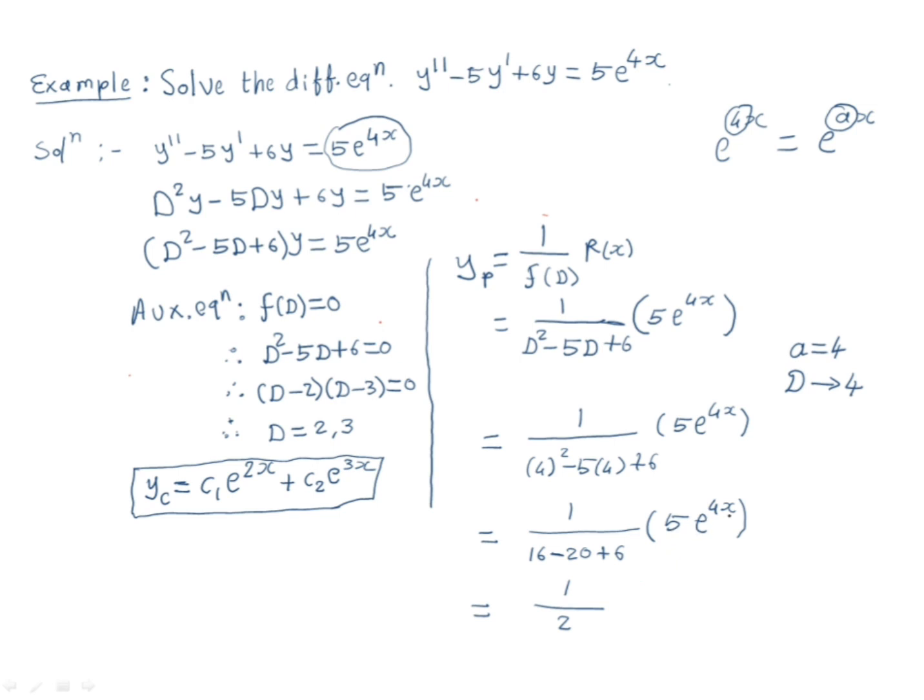Multiplying 5 e raised to 4x with this, it becomes 5 by 2. Let me write it down once again. So finally my yp will be 5 by 2 e raised to 4x.